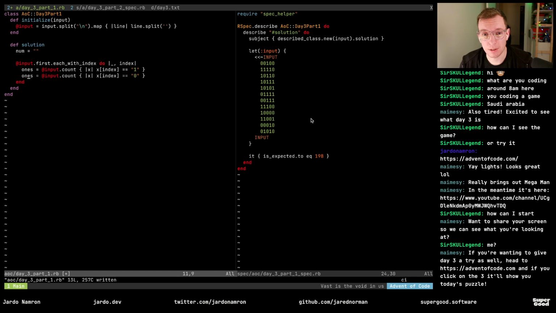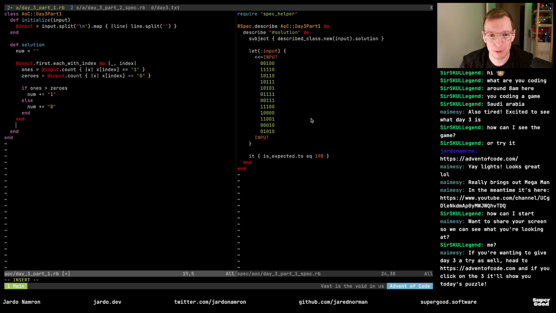There's definitely a better way to do this, but. One zeros if one's bigger than zeros. Num plus equals, else num plus equals 0. Okay. And that should hypothetically build us a binary number.